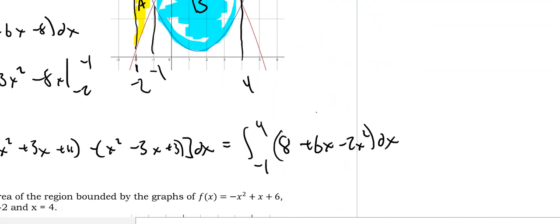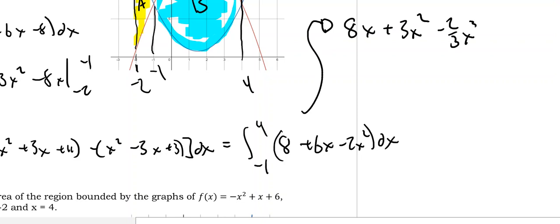So we're going to have 8x plus 6x squared over 2, or 3x squared minus 2 thirds x cubed, evaluated from -1 to 4. And this is area B. And that ends up being equal to 41.67.